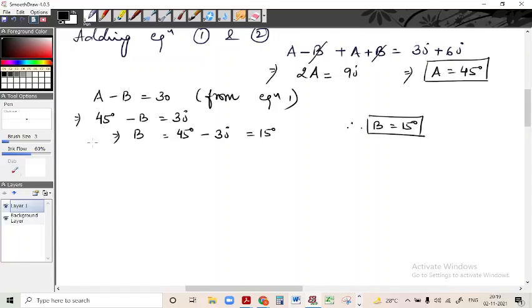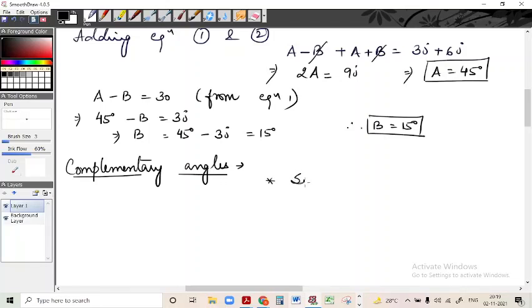Okay, in this complementary angles there are few things which you have to keep in mind.